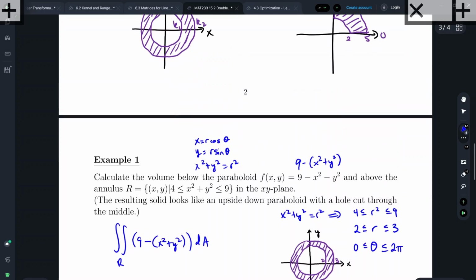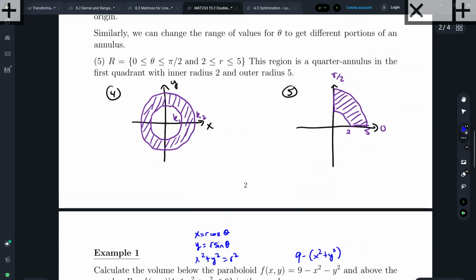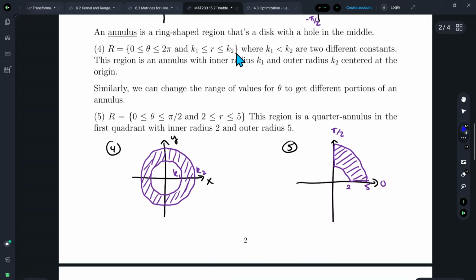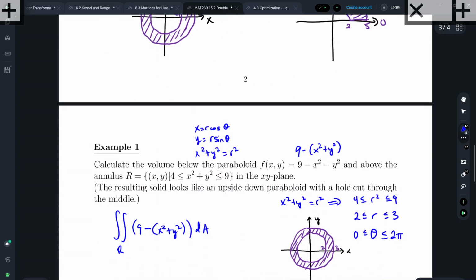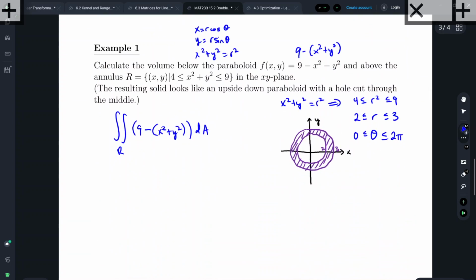This is following the description of the annulus we gave in the previous page. So we can write down the integral. The outer integral should be for theta, so that goes between 0 and 2 pi. The inner integral is for r, so that goes between 2 and 3.